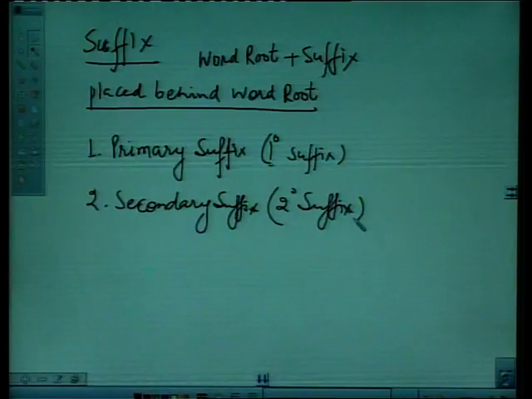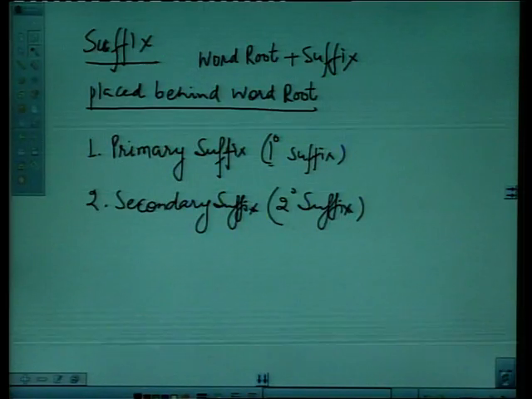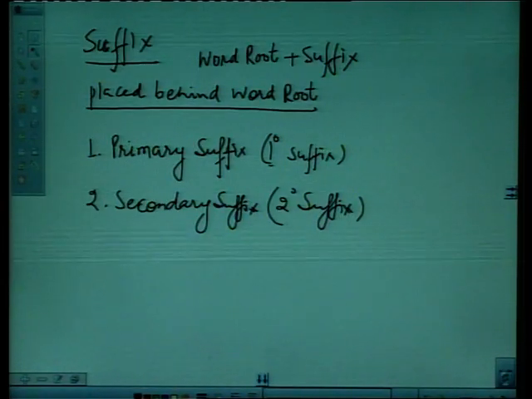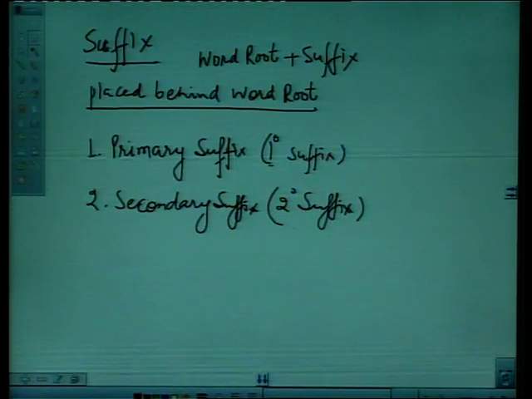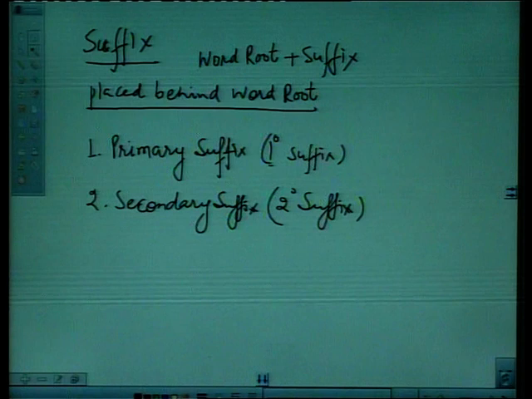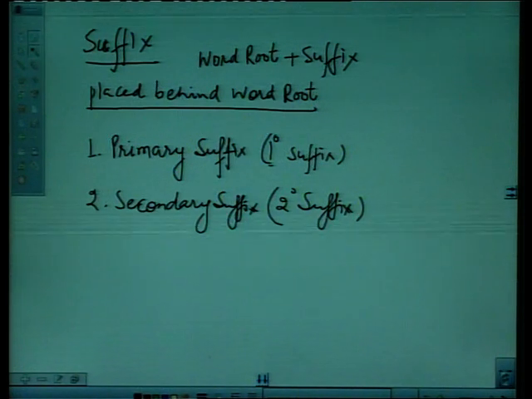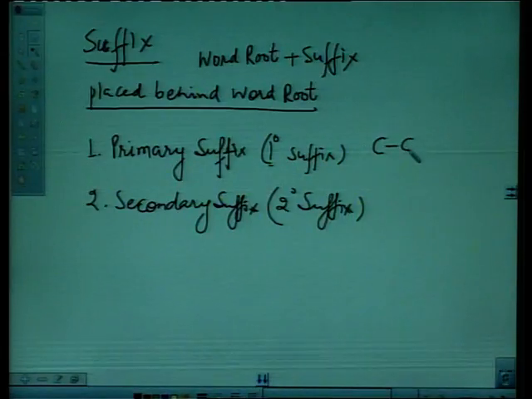So, there are two types of suffix, primary suffix and secondary suffix. So, primary suffix tells about the multiplicity of bond in carbon-carbon. So, it represents the nature of the carbon-carbon bond. Secondary suffix tells about the functional group attached with it. Primary suffix tells about the multiplicity of carbon-carbon bond.